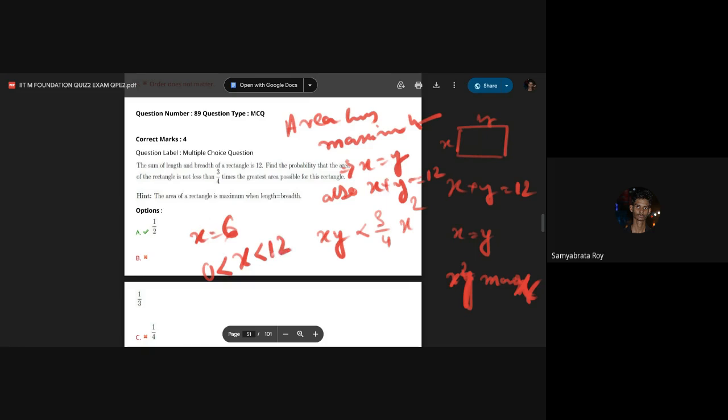We could include the equality, but not strictly including, because x can never attain the value 0 or 12, because y couldn't be 0 or 12, right? Otherwise it will diminish another dimension, so that is no longer a rectangle, right?